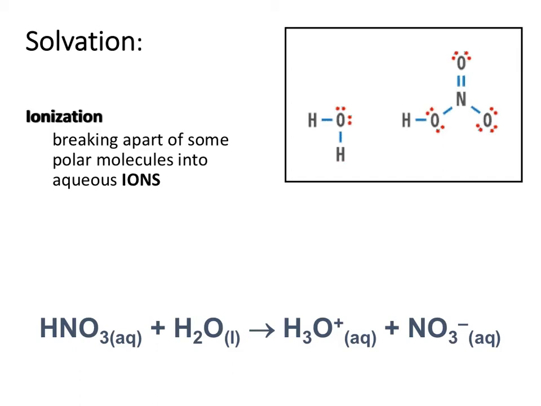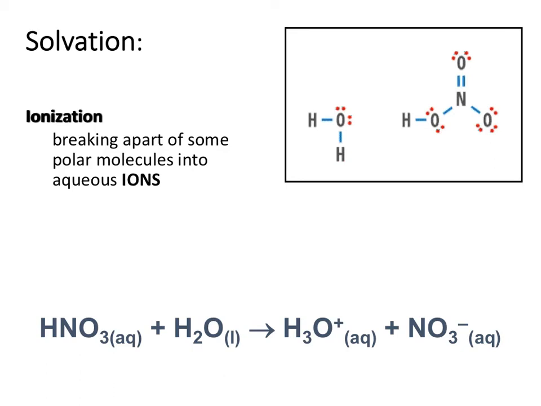So basically this solvation process involves polar molecules, instead of ionic compounds, interacting with the solvent to produce ions in solution. Okay, so instead of having an ionic compound here, we have obviously a polar covalent substance that gets subsequently broken into its ion pieces.